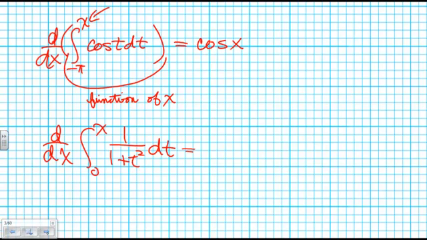And you see that, and so now, since we know the integrals are the antiderivative function, what happens when I take the derivative of the antiderivative function? It's the function. It's the function that's in the integrand. And that's it.